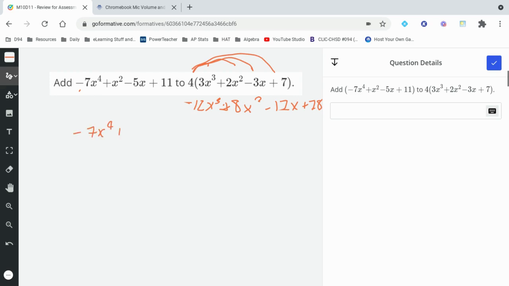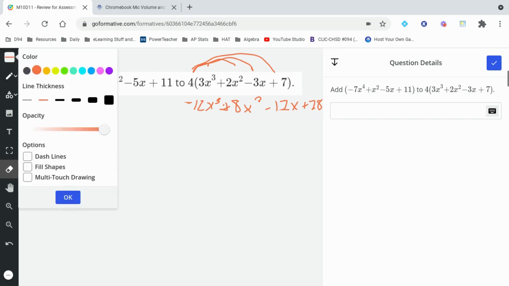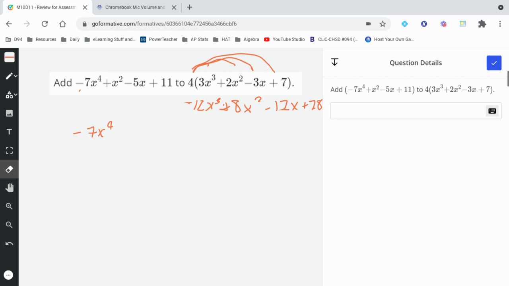Now notice here we're skipping one of these, and so sometimes that's the problem with doing it like that. You've got to be careful with that. So I've got negative 7x to the fourth, and I've got no x to the fourth over on the right side. On the left side, I've got x squared, so that means that I've got minus 12x to the third from this side. And then I've got plus x squared from here.